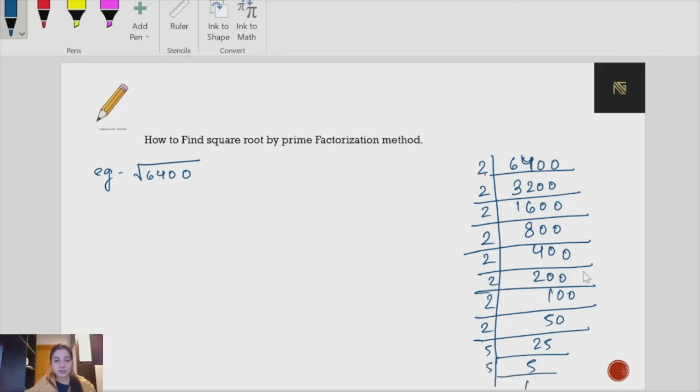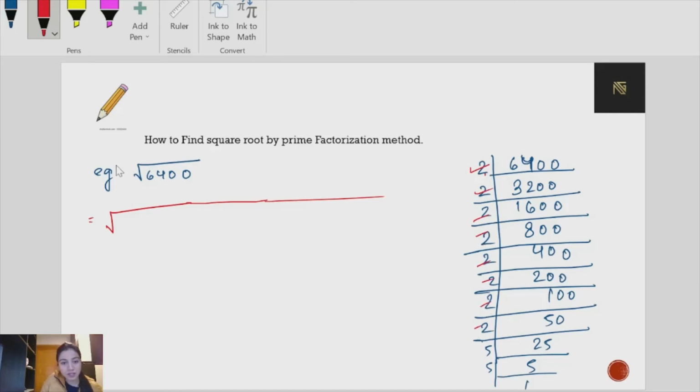So what are we getting after doing the factorization of 6400? We are getting, under the square root sign, how many number of times 2? 1, 2, 3, 4, 5, 6, 7, 8. 8 times 2.